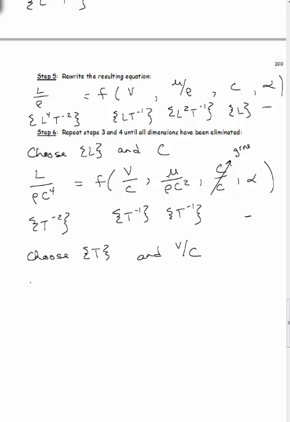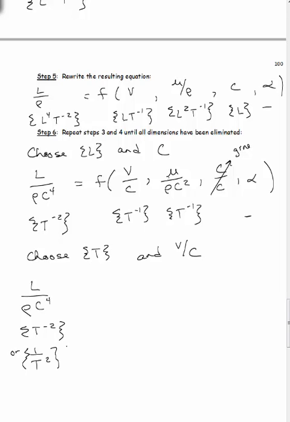So let me show you. L over rho C to the 4th. So if I invert, that one's t to the minus 2. So that's really 1 over t squared. Right? So this one is already t to the minus 1, which is 1 over t. So if I invert that, that becomes t, which is what I want, and then I want to square it.